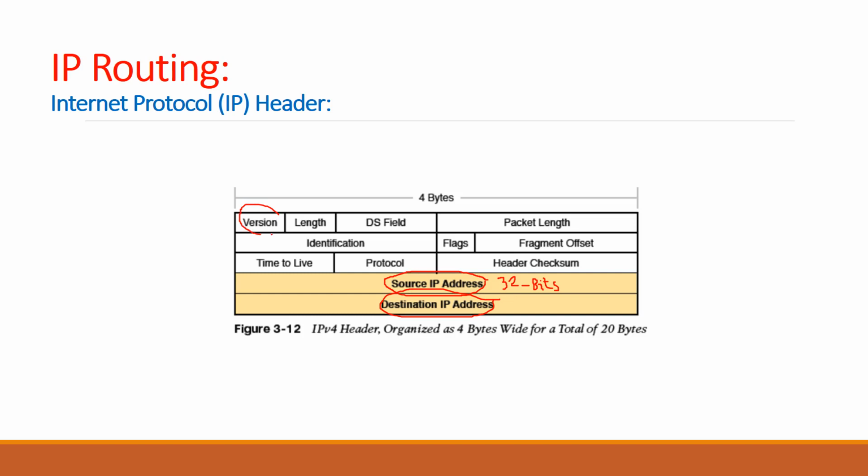The version field determines whether we are using IPv4 or IPv6. The other fields do other things, like the DS field does quality of service, but don't think about this now. Just think that the IP header contains the source IP address and the destination IP address, and each one is 4 bytes or 32 bits.